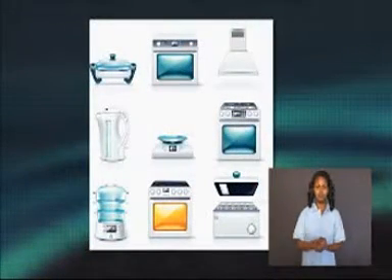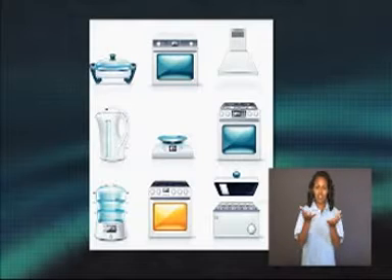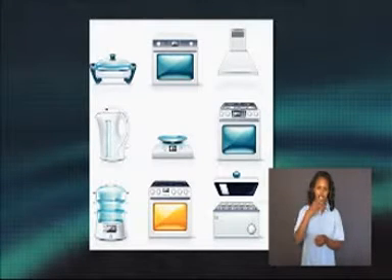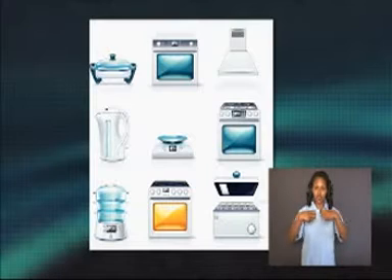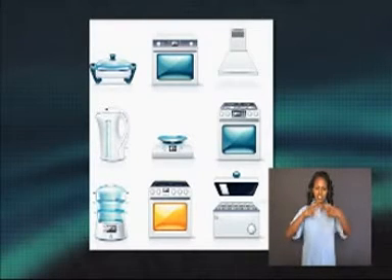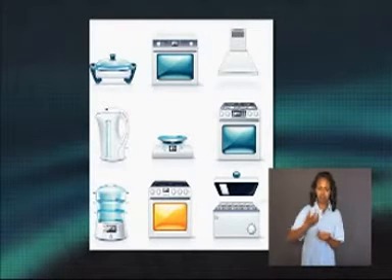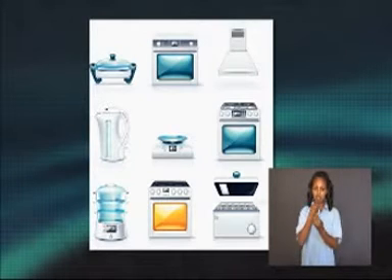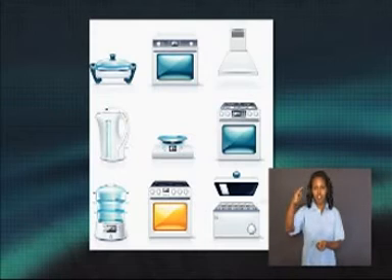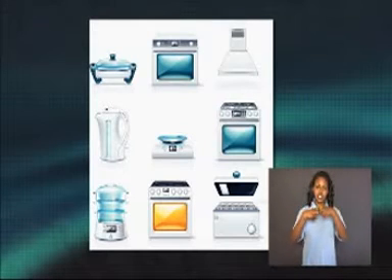Almost every device in our homes and classroom uses electronics. Electric kettles, stoves, and microwave ovens are all excellent examples of electronic devices.